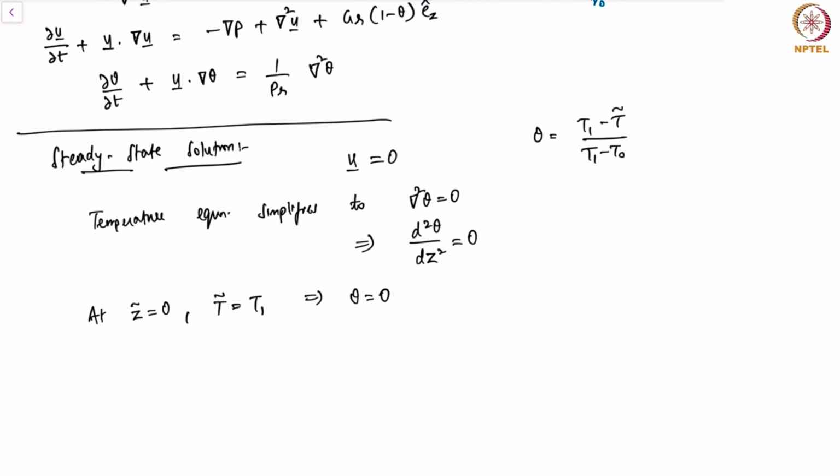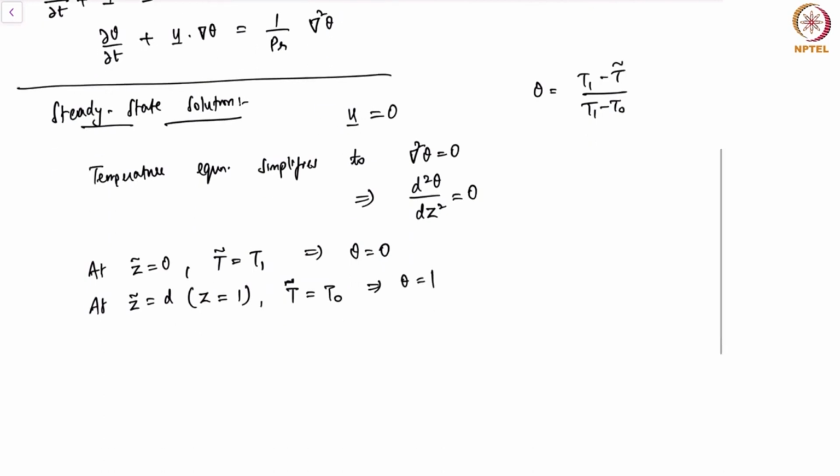So at the bottom the temperature is T1, theta is 0, and at z equal to D, or in other words non-dimensional z is 1, the temperature was T naught, and this gives us theta equals 1.